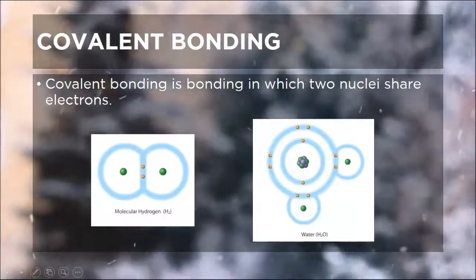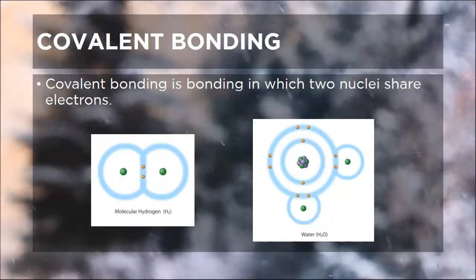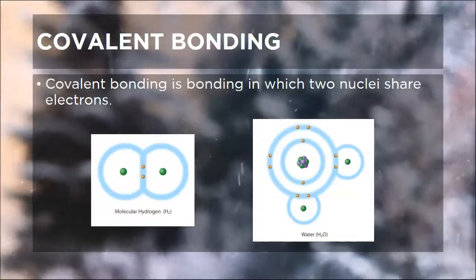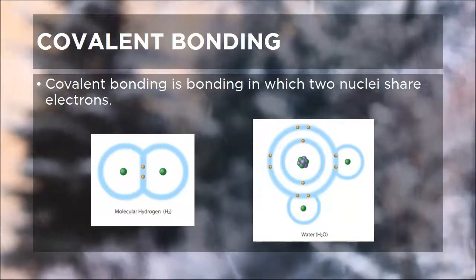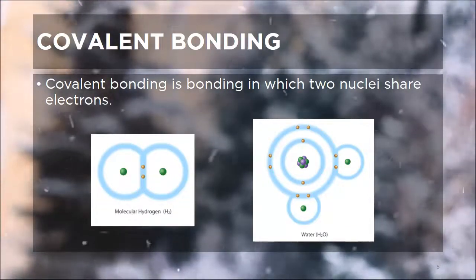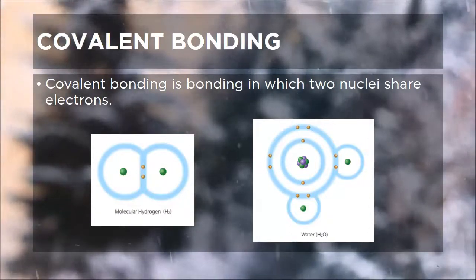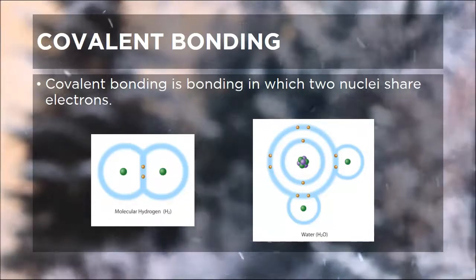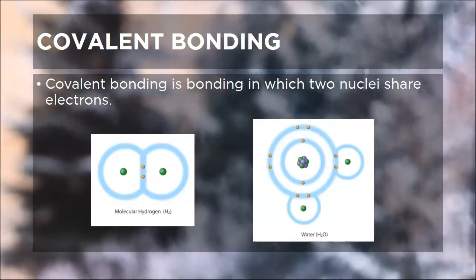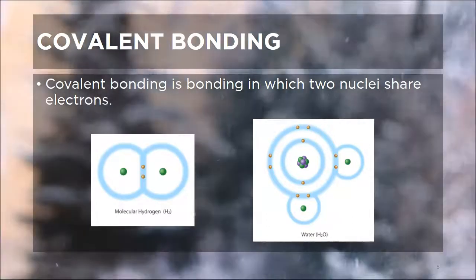But the other type of bond would be a covalent bond. This is where the two atoms share their electrons. So we have hydrogen, which would like to gain an electron to be like helium. So if a hydrogen meets another hydrogen, they both would like to gain an electron. They say, why don't we share an electron in our outer shell? Then we'll both have 2 electrons in our outer shell.